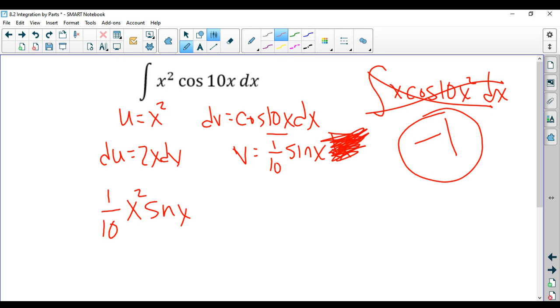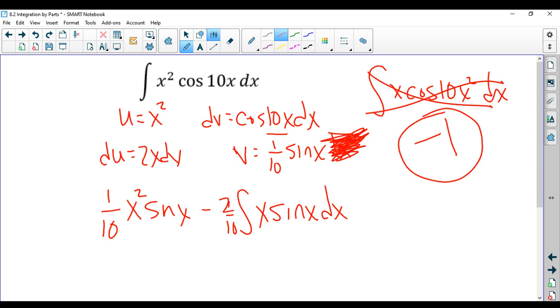So where was I? uv minus the integral of v. I keep the 1/10 out there times du, which is 2x dx.